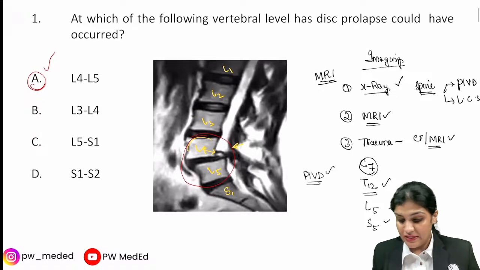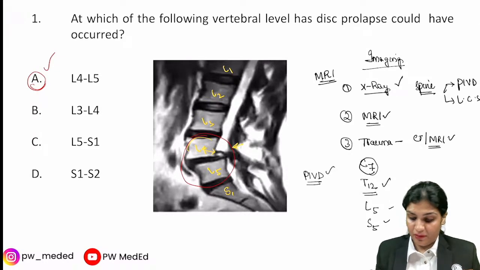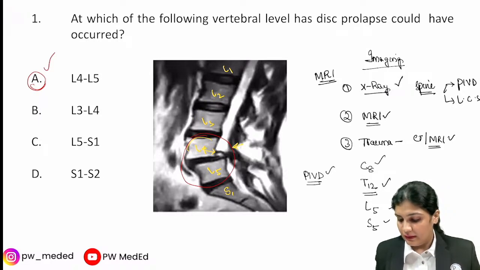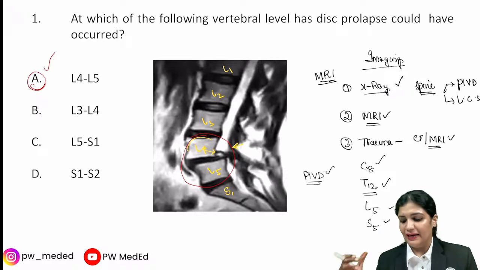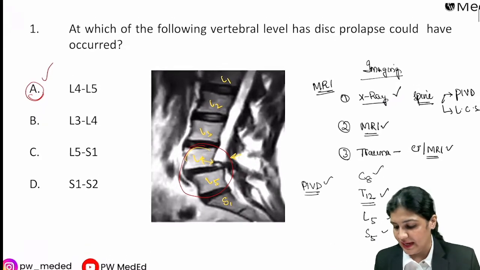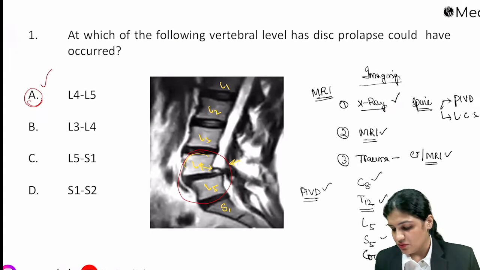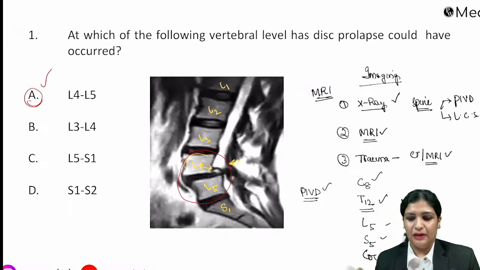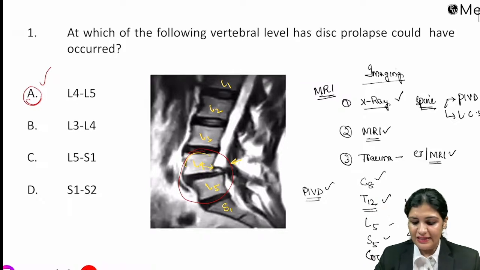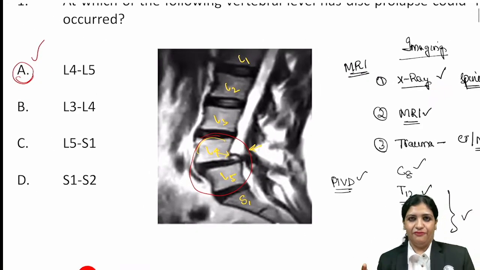We have 7 cervical vertebrae, sorry, 8 cervical vertebrae, 12 thoracic, 5 lumbar, and 5 sacral, and then you have your coccyx. So this is how your spinal column is presented, and the level here is L4 and L5, right?